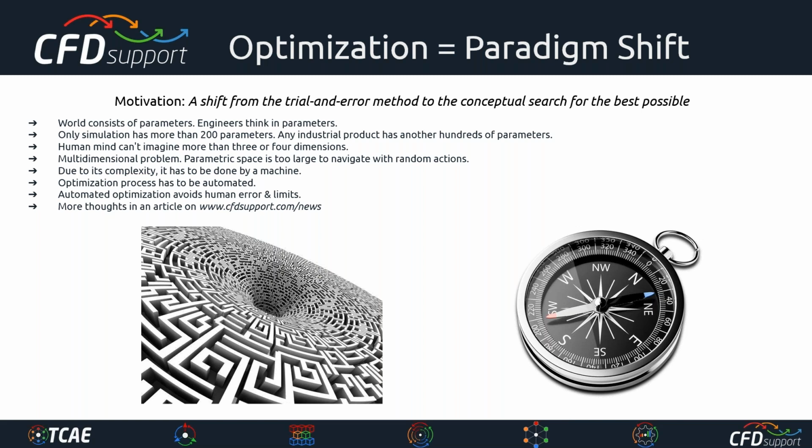It's huge to navigate in it with random actions. So it definitely has to be a machine, an algorithm which does the work for us, and that's why we are so excited to do these optimization workflows, because we believe it's a really big shift from what has been standard years ago.